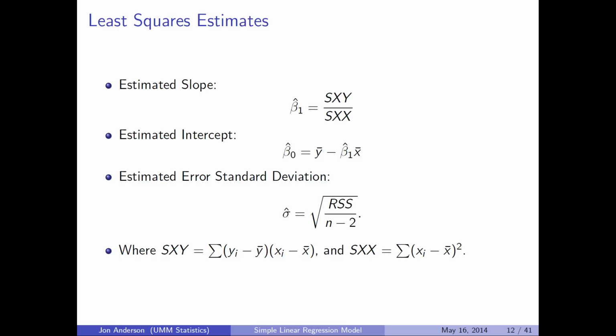Here are the numerical formula equations for the very best slope, beta 1 hat, and the very best intercept, beta naught hat, that will produce the equation of the line that goes through our data points the best that they can.